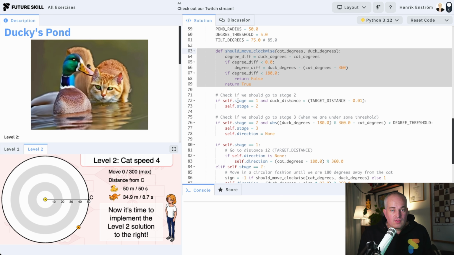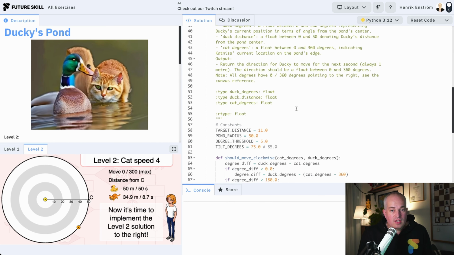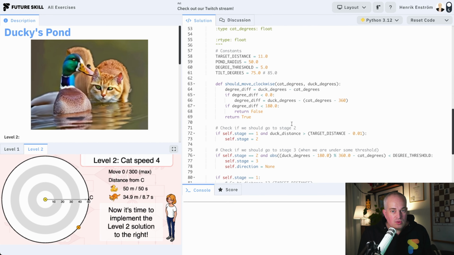So first we are setting a stage here, self.stage on the class. Stage 1 is simply moving to the target distance from the midpoint. This is where we want to go before we start moving in a circle. So first we see if we are in stage 1, the beginning stage, and we haven't found ourselves at the target distance yet.